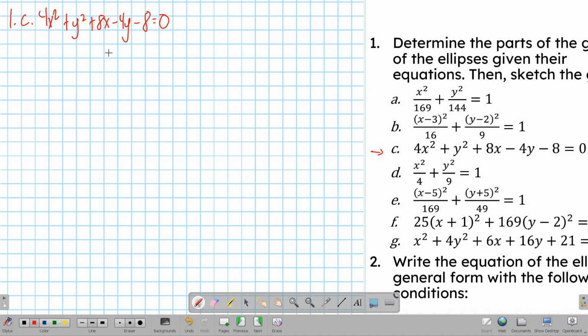So from here, we can see that it's a general form. So how do we now write this, or how do we now get this to standard form? Because it's in the standard form where we get the parts.